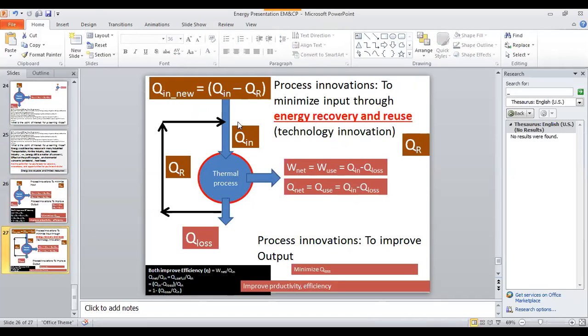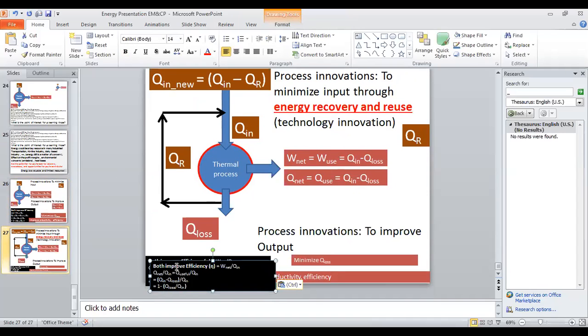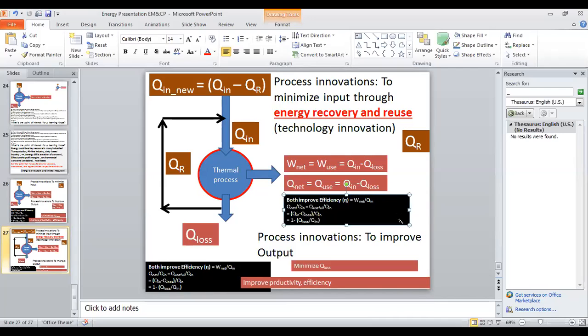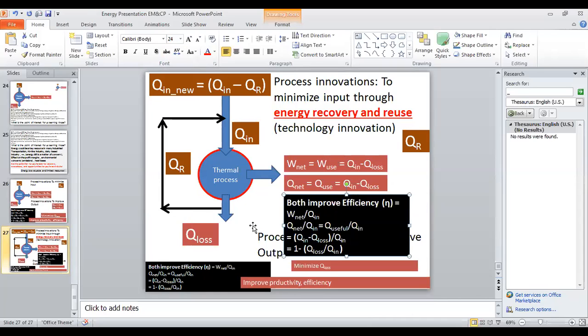Now your efficiency is something like this. If you take the word efficiency, it may be a new efficiency term now. Let's say I make it a little big. Improve efficiency.